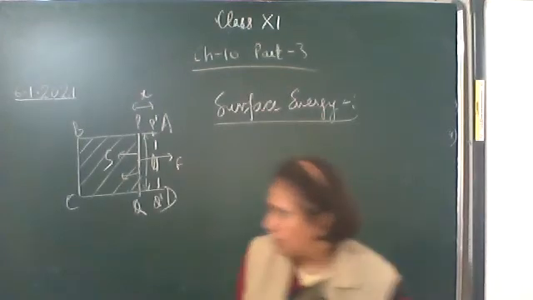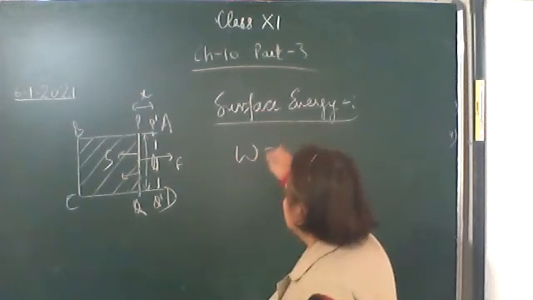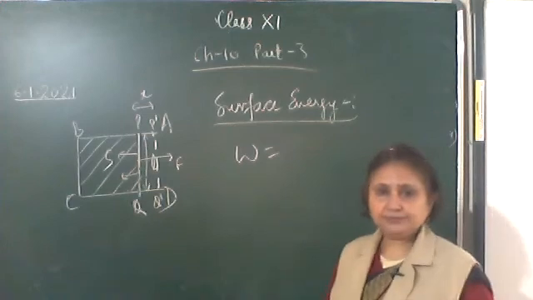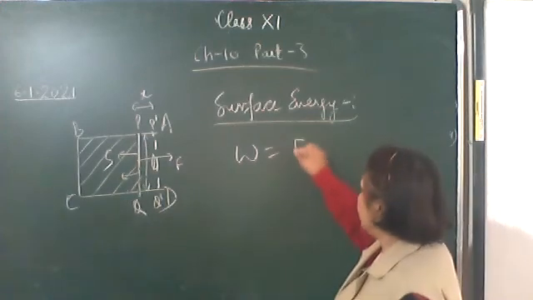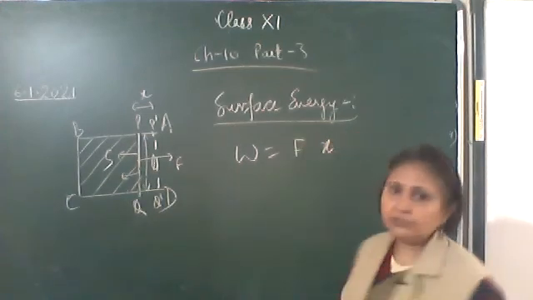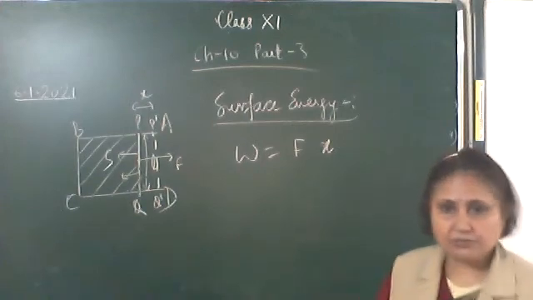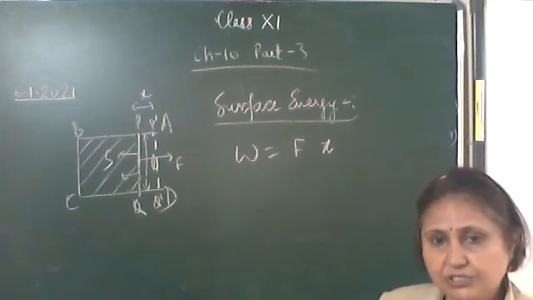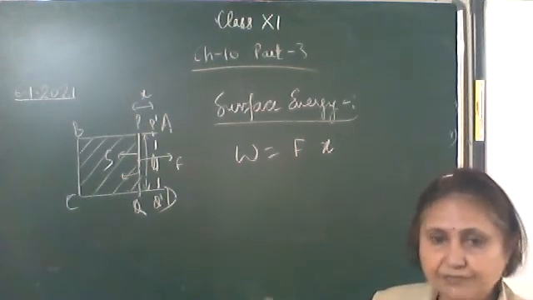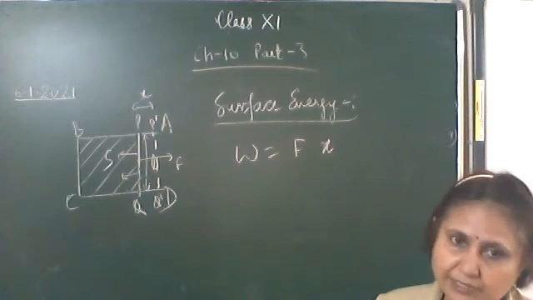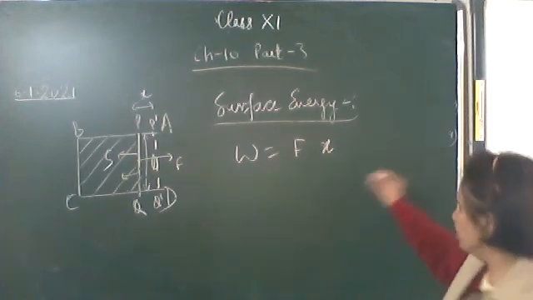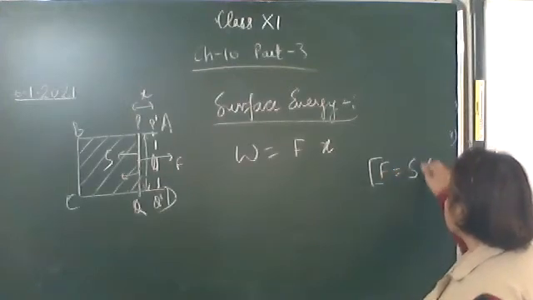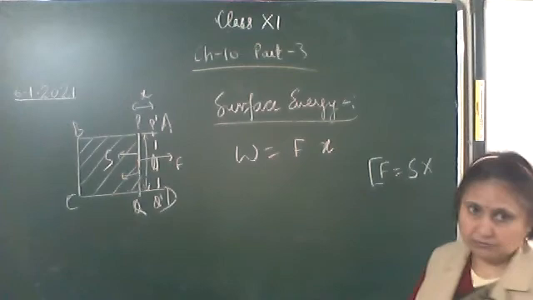Write down, the work done in increasing the area is given by, we know that work is equal to F into x. Now this force we have pulled against the surface tension. We know that surface tension is equal to force per unit length. So this force, which is acting against the surface tension, will be equal to surface tension into the length.